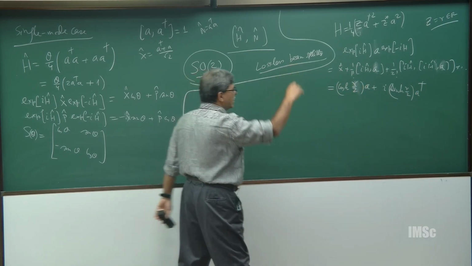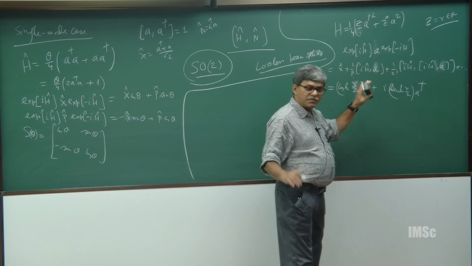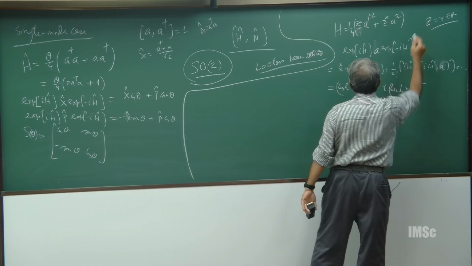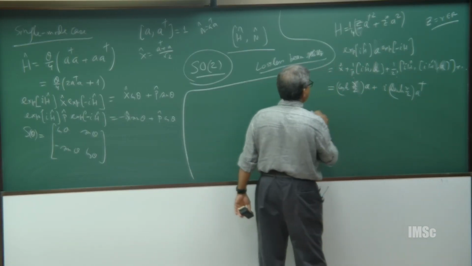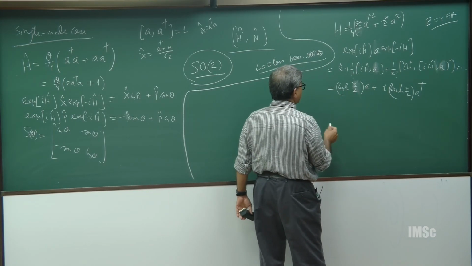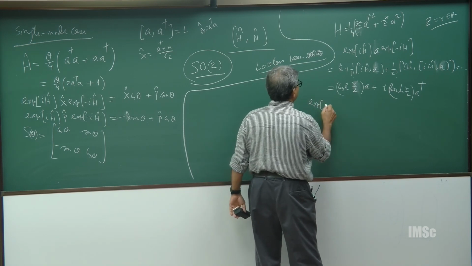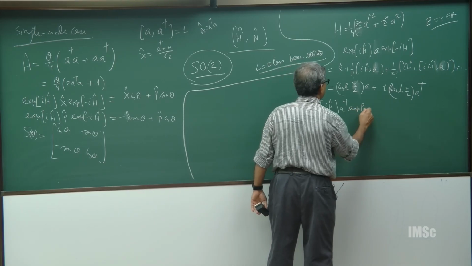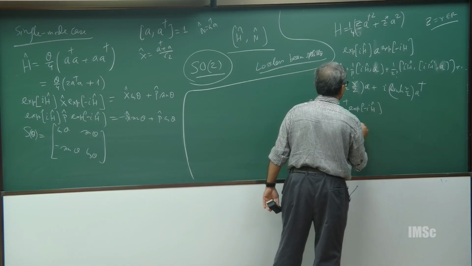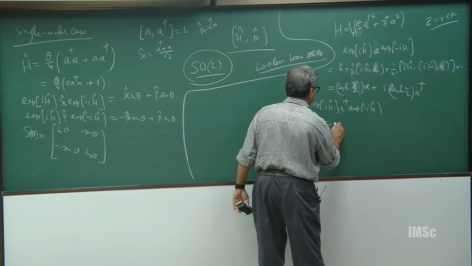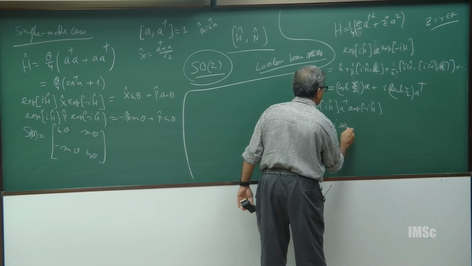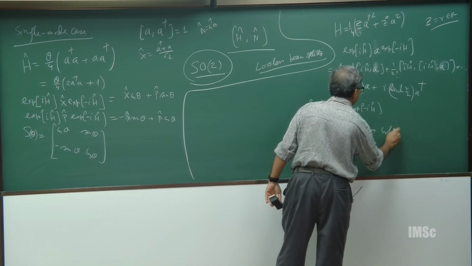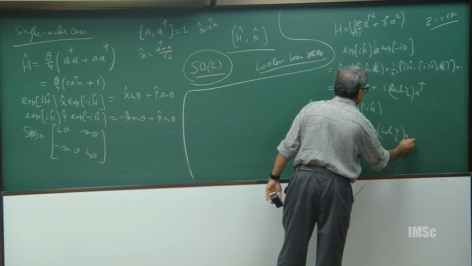I think it should be r by 2. If I take z equal to r, and correspondingly for A dagger, exponential of minus iota h, this should be minus iota sine hyperbolic r by 2 A plus cosine hyperbolic r by 2 A dagger, something like this.